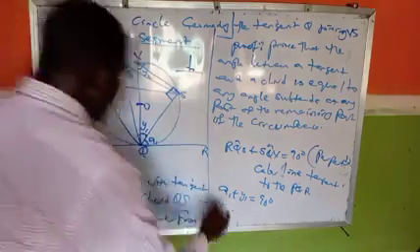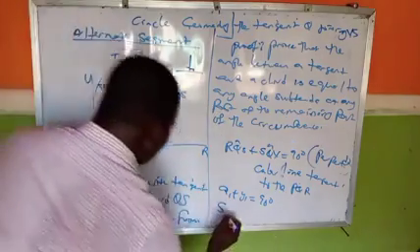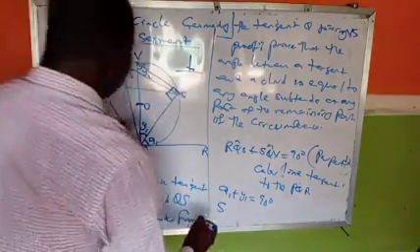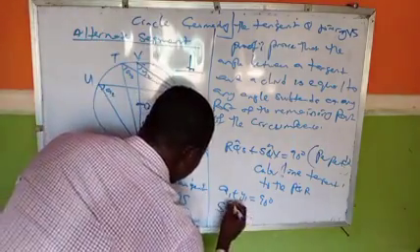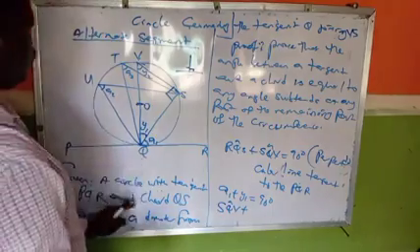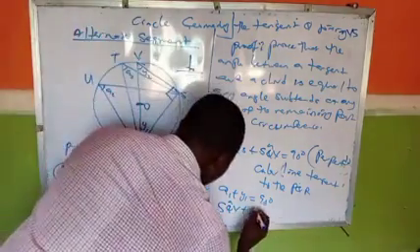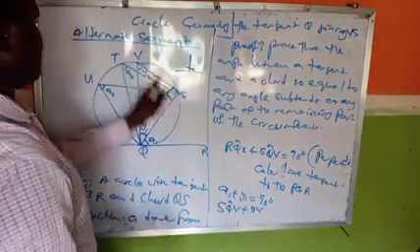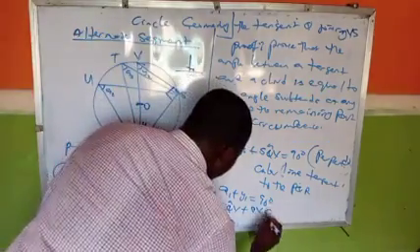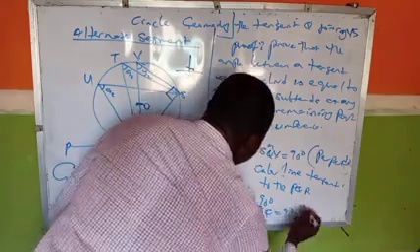Since this is 90 degrees, it means y1 and y2 together are 90 degrees. So you can say that angle SQV plus angle SVQ equal to 90 degrees.